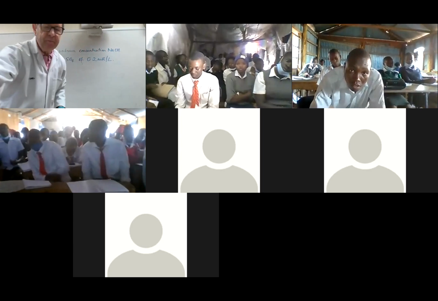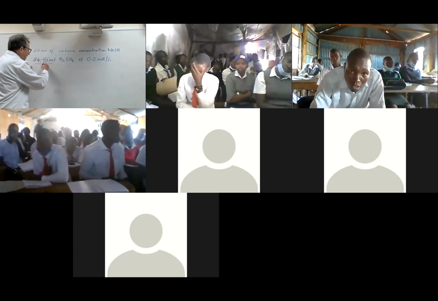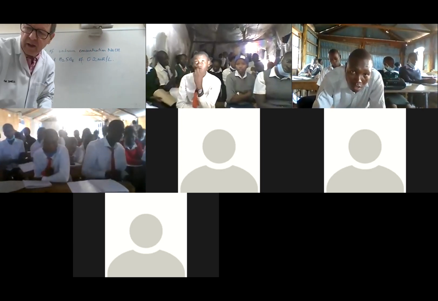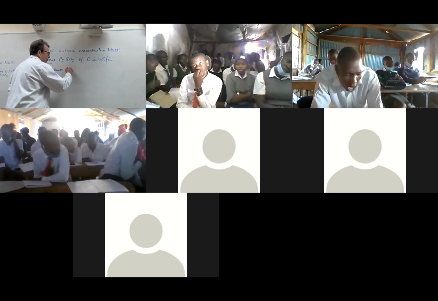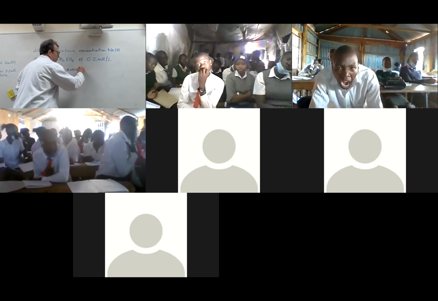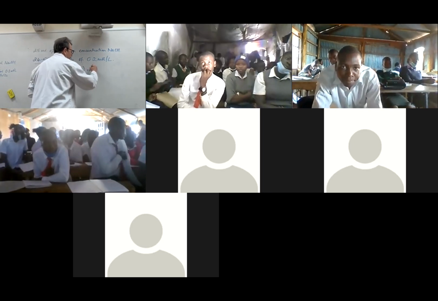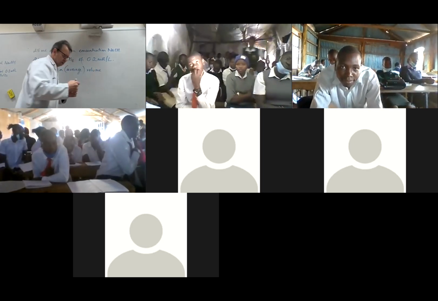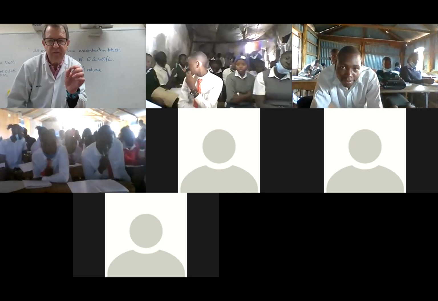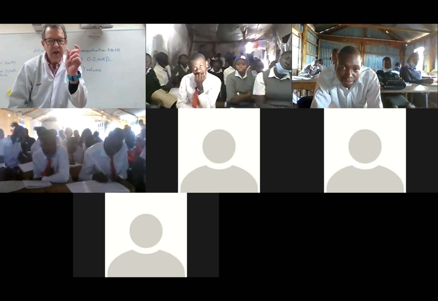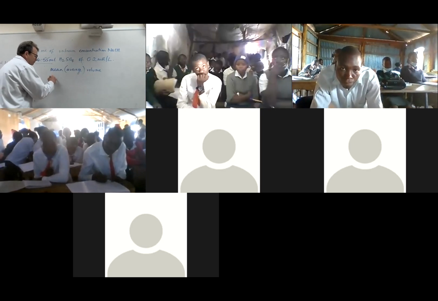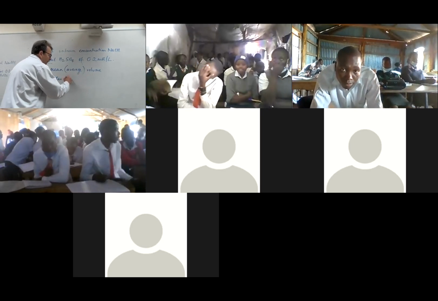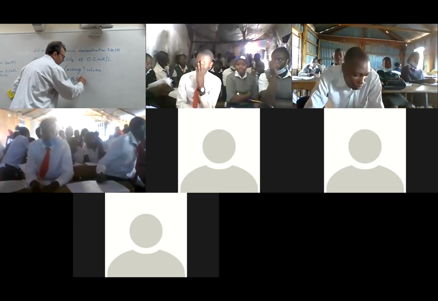First step, we had to find the mean volume, and we only use the values which are close together and find the mean. Then we worked out the moles of the H2SO4.